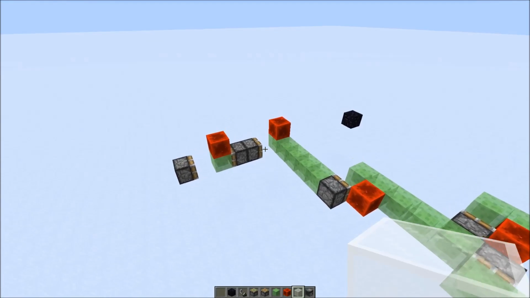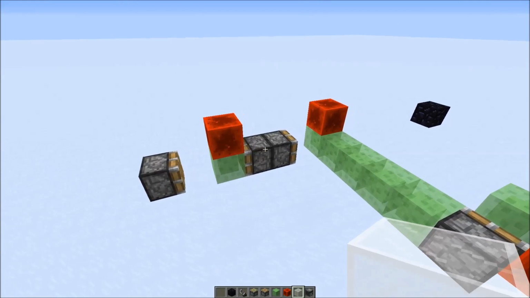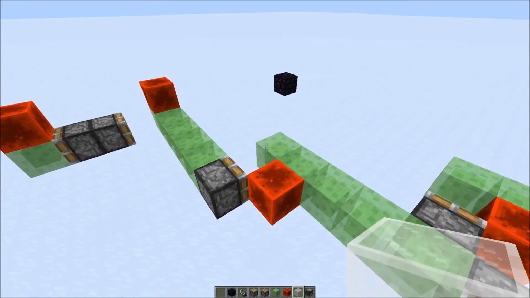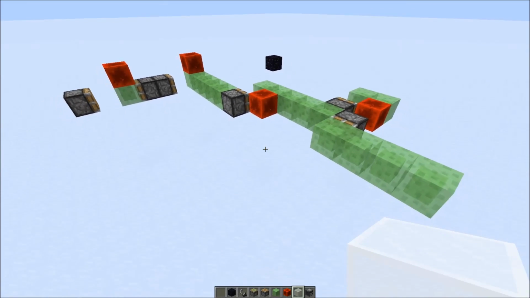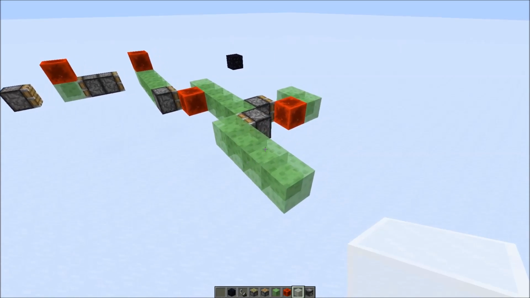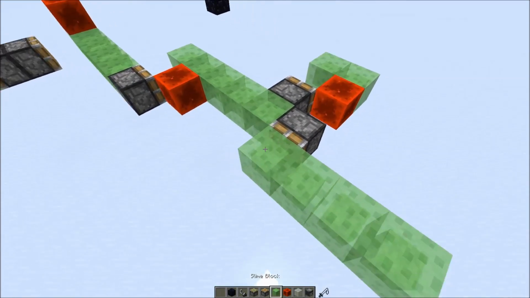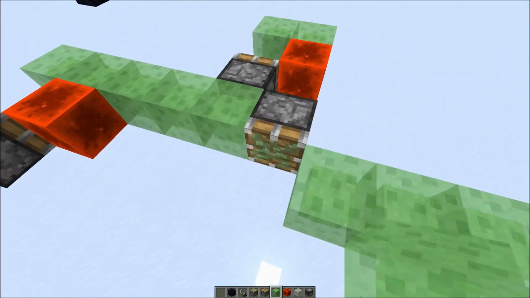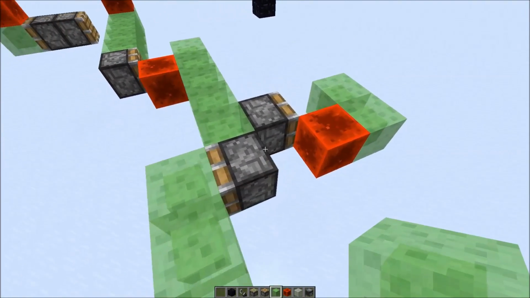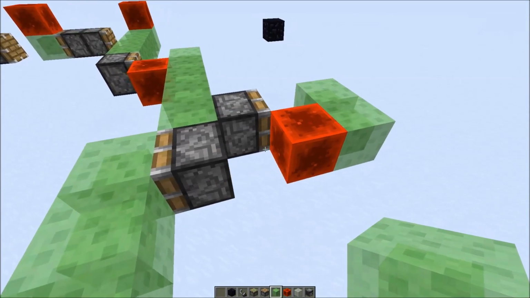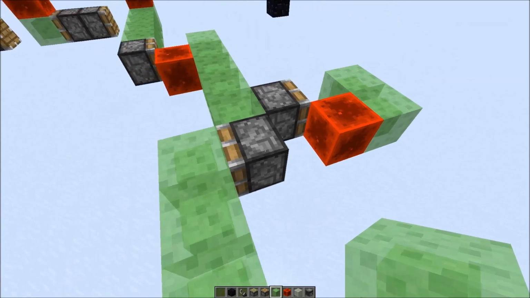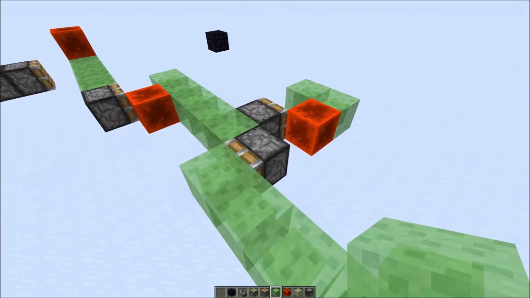There are not only different engine types, there are also different extension types. So the first one I showed you was the pushing extension, but you can actually also make a pulling extension. So what happens here, a sticky piston is also getting pushed into a position where it's powered by the redstone block. But since we immediately remove the redstone block again with this pushing piston, this piston is just powered for a short moment.